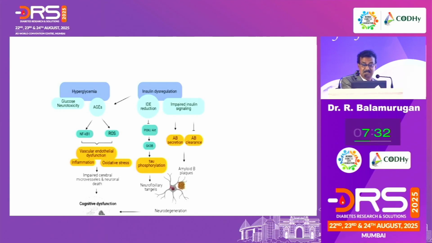Impaired insulin signaling can also impair amyloid beta secretion and clearance, so amyloid beta plaques are deposited. So the pathological findings: on the left hand side you can see impaired cerebral microvasculature and neuronal death. On the other hand, formation of neurofibrillary tangles and amyloid plaques can both cause cognitive dysfunction.